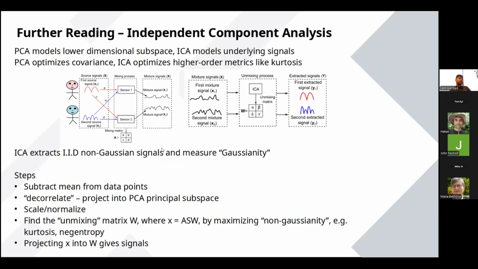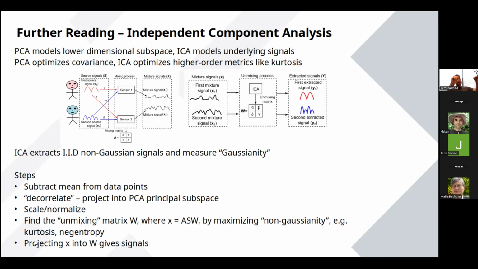And instead of minimizing distance or maximizing variance, you're actually maximizing metrics of non-Gaussianity, like kurtosis and negentropy. I've used kurtosis before a little bit in finance.